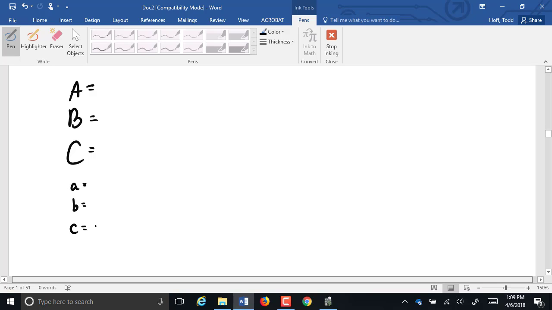If I tell you that angle B is 30 degrees, side B is 45 feet, and side C is 40 feet. Find the rest of the pieces of that triangle. So here we're going to look at angle B here is 30 degrees.